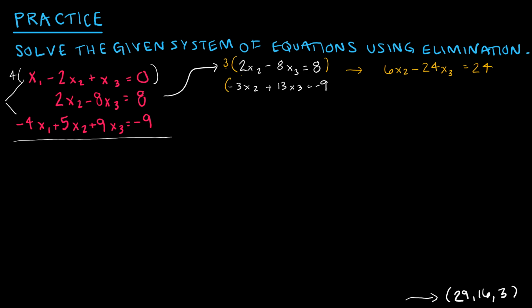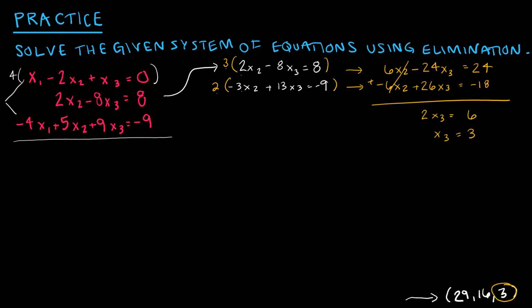And I'm going to take this whole equation and multiply it by 2 because 2 times negative 3 is negative 6x2. And then 2 times 13 is 26x3. And 2 times negative 9 is negative 18. And I'm going to combine those together to end up with 2x3 equals 6. Divide by 2 to get x3 equals 3.